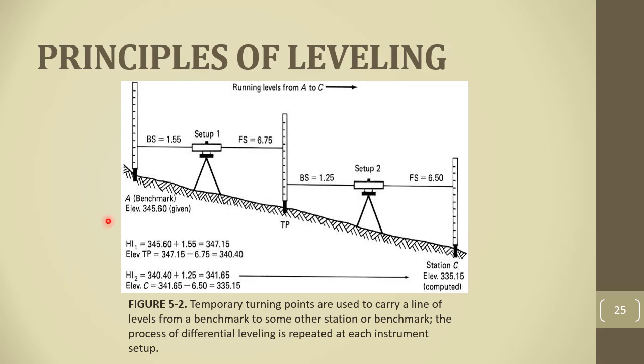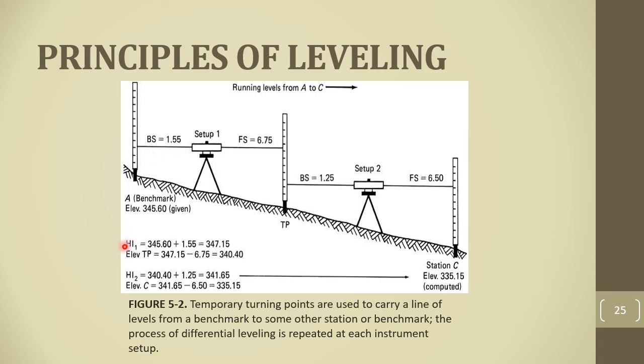Anytime we're surveying property to get a topographic map of our land, we start with a known elevation called a benchmark. We set our instrument up and we take what's called a backsight and we read off that rod, and the reading that we find on that rod tells us how high the telescope of the instrument is above the benchmark.